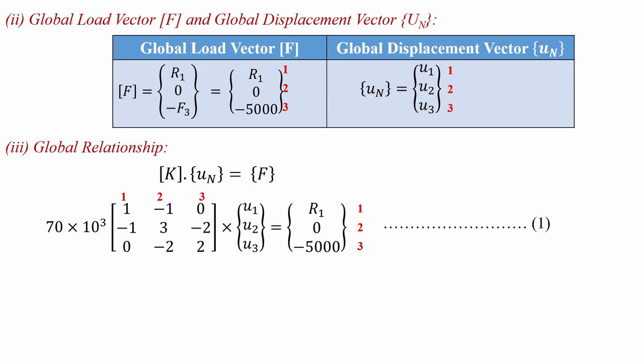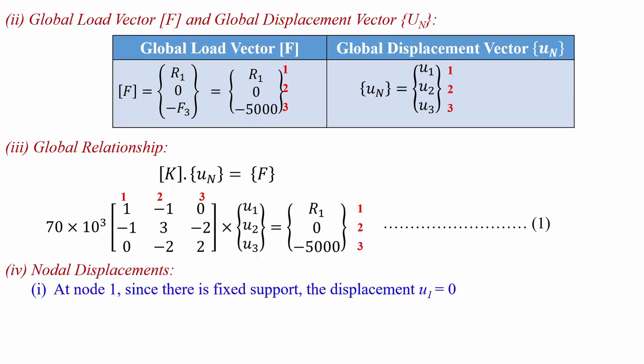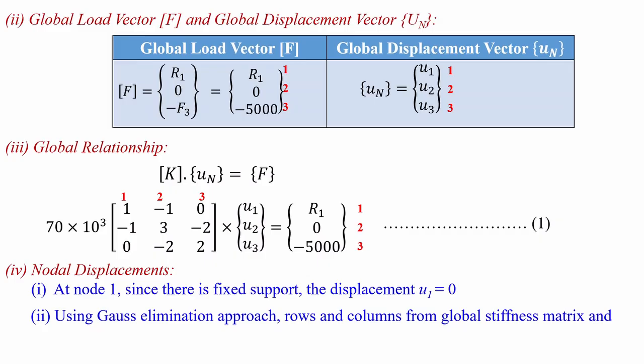Now let us compute the nodal displacements. At node 1, since there is a fixed support, the displacement at node 1, that is U1, will be equal to 0. Now using Gauss elimination method, we delete the rows and columns from global stiffness matrix related to node number 1, and we delete rows related to node number 1 from global load vector as well as global displacement vector.